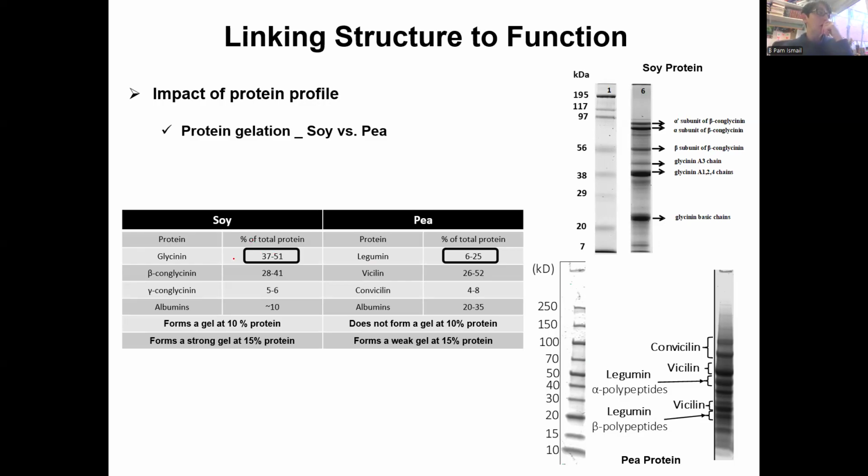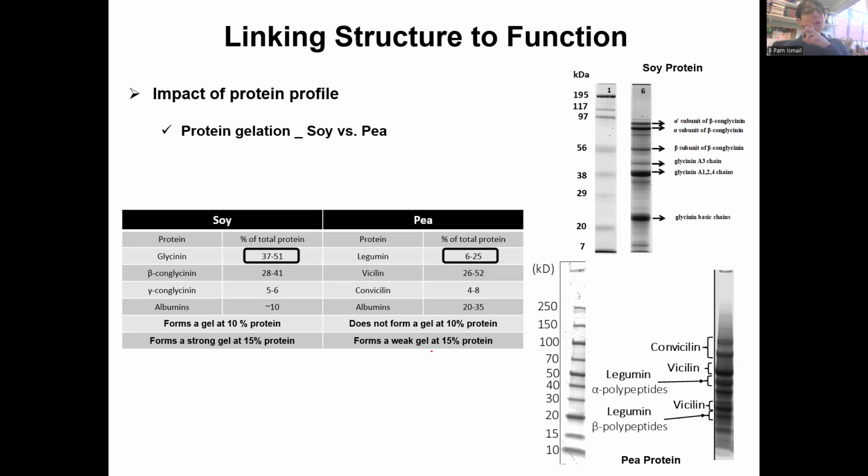But soy forms a better, stronger gel at lower concentration. Here, it actually formed a gel at 10%, but very weak. Pea protein does not form a gel at 10%. Soy forms a really strong gel at 15%.